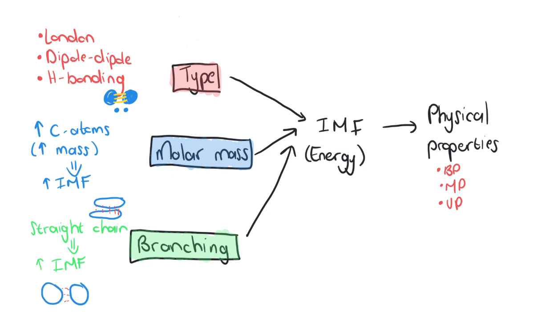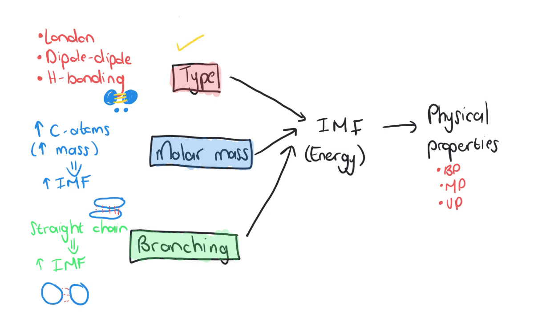And then you have to say it leads to stronger intermolecular forces or weaker, depending on how you started. Stronger intermolecular forces, it takes more energy to break the bonds between the molecules, resulting in a higher boiling point or lower vapor pressure or whatever. So name all 4 of those things.